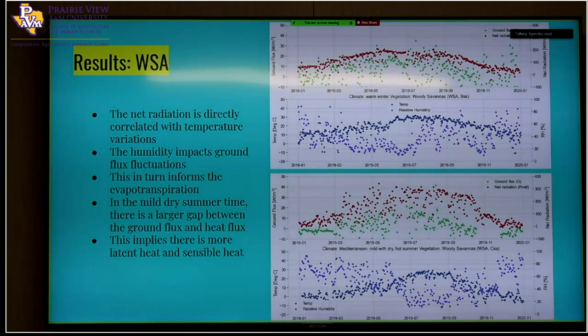As an observational inference, the humidity varies the net radiation that is ultimately received, and this is probably due to the energy balance that's present, because a lot of the heat ends up going into latent heat or sensible heat, which is why when there's a greater fluctuation in humidity, there's a greater fluctuation in the net radiation as well, net radiation and ground flux radiation. We can also see that during the mild, dry summers here there's a higher gap between the net radiation and the ground flux data in a drier climate.